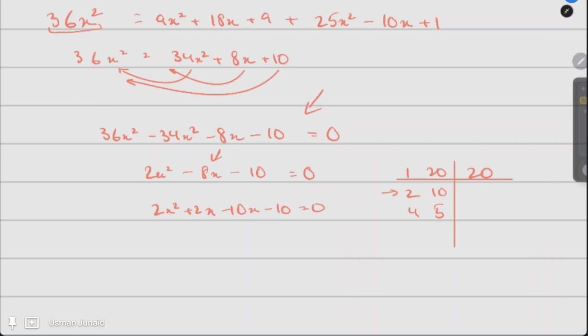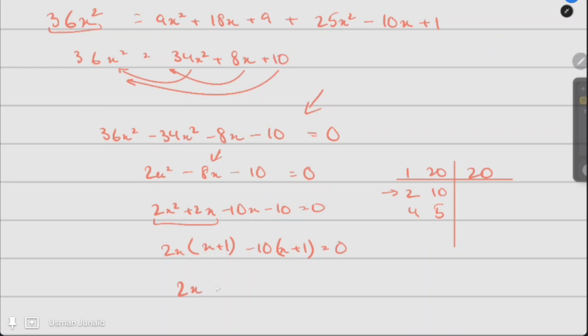Yeah, we can do that. Can we take 2x common from this and make this 2x into x plus 1? Yes. Can we take common minus 10 from here and leave x plus 1, is equal to 0? Can we do that? Yes. Okay.